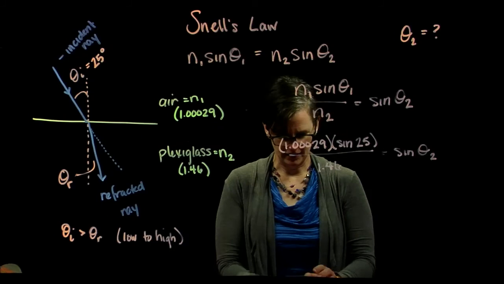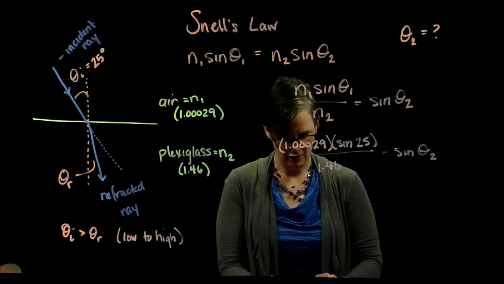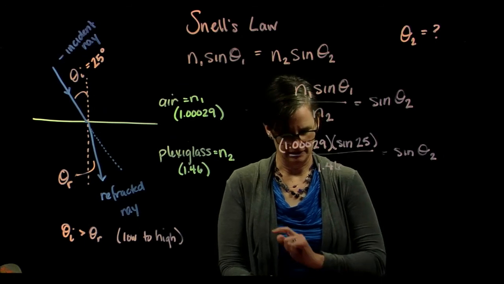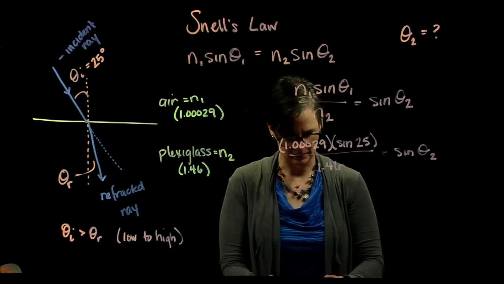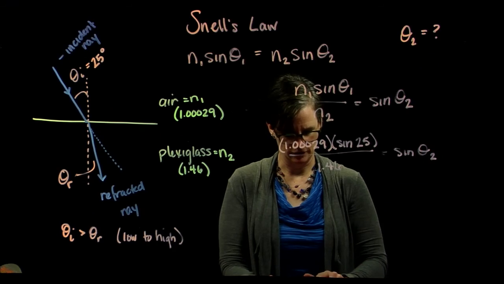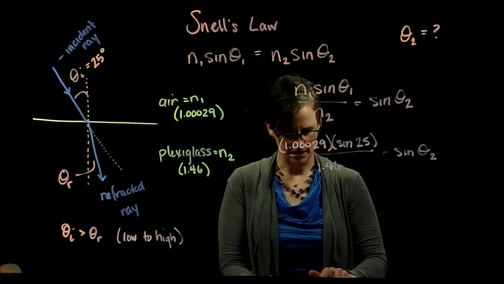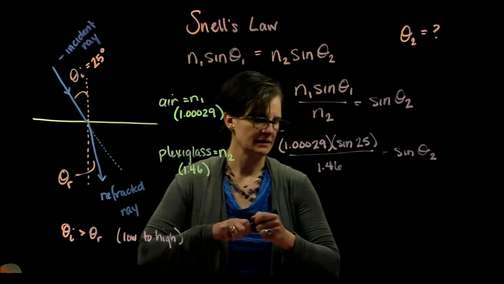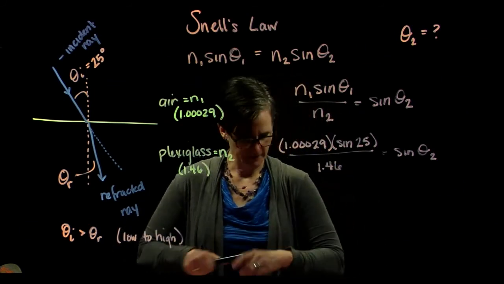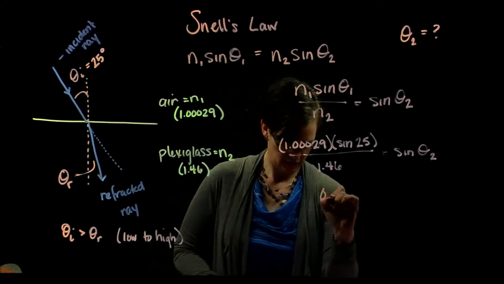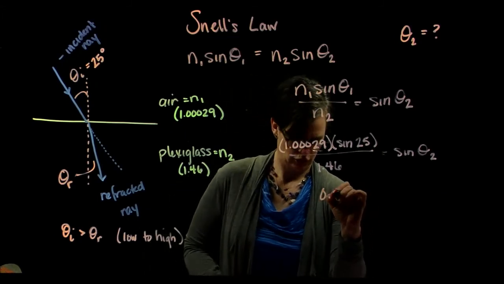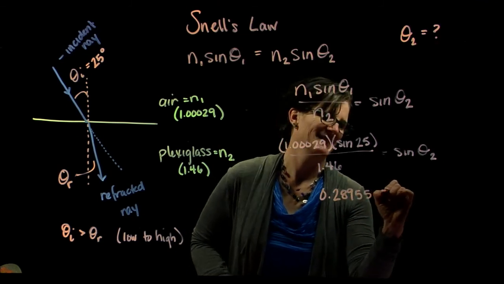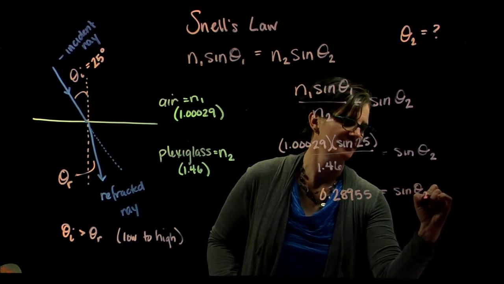We'll get a calculator out. The sine of 25 times 1.00029 divided by 1.46 gives us 0.28955. It's going to equal the sine of theta 2.